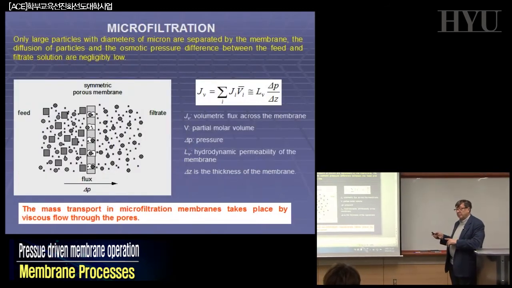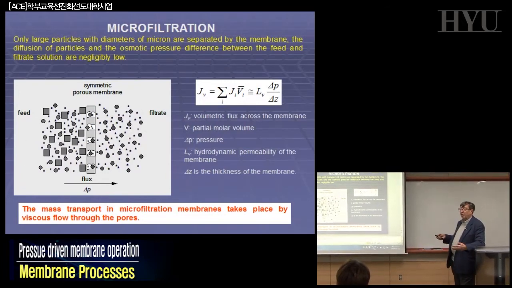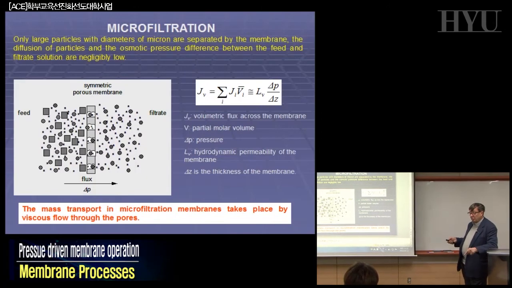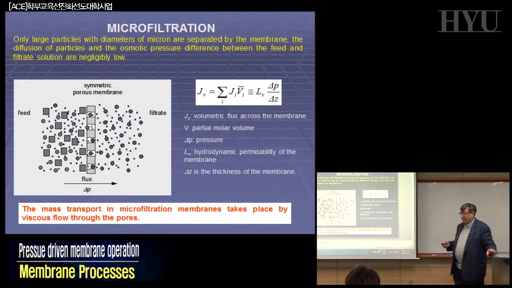Now, we described already four processes: microfiltration, ultrafiltration, nanofiltration, and reverse osmosis. These systems are different one from the other. Basically, they are all pressure-driven membrane operations, but the transport properties across the membranes and the important mechanism that is controlling the selectivity are very different.